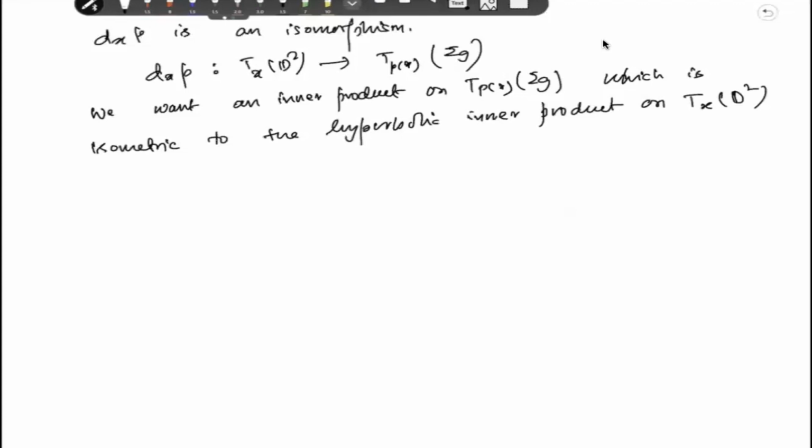Okay, so now let us take two elements, v star, w star, from the tangent space of sigma g.